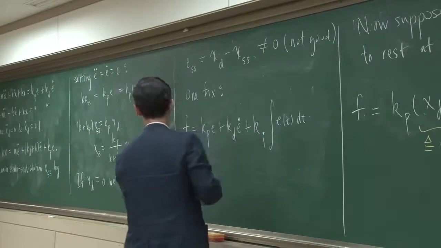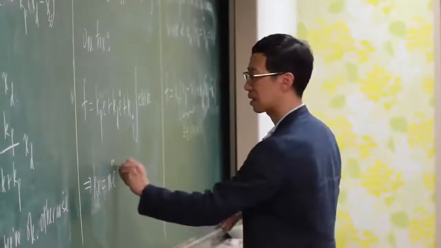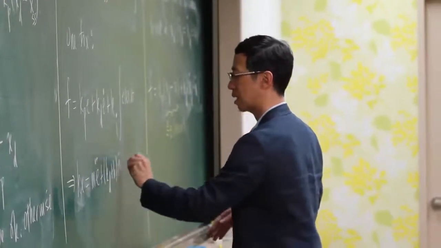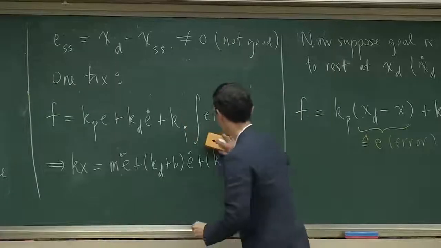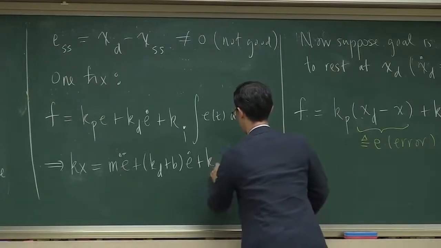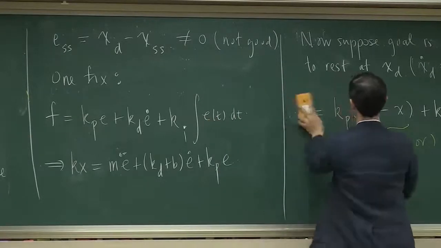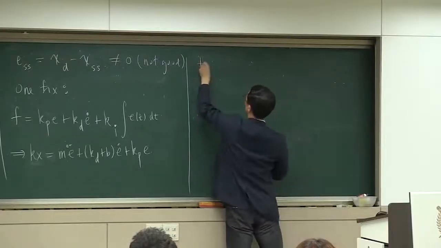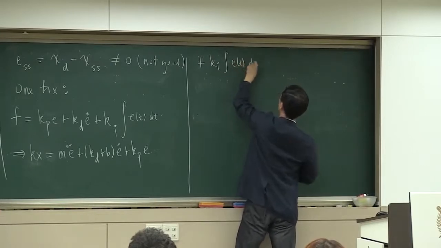So let's write it down. m E double dot plus kd plus b times E dot plus kp E, plus this integral term, plus ki integral E of t dt.